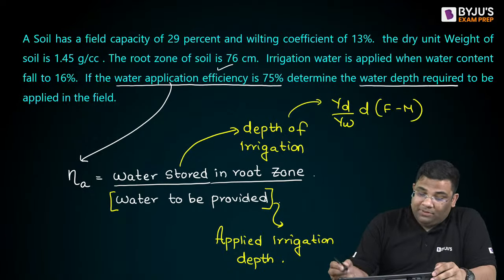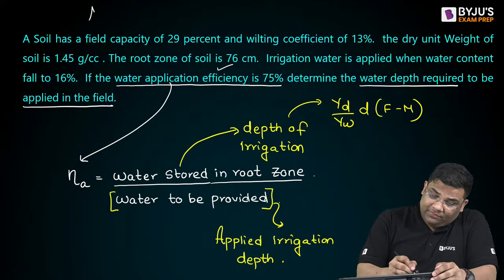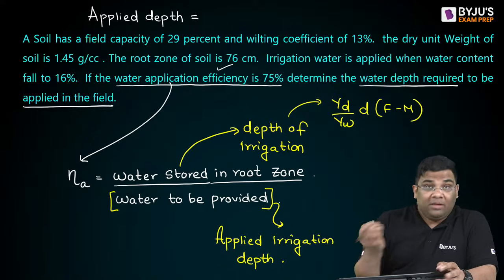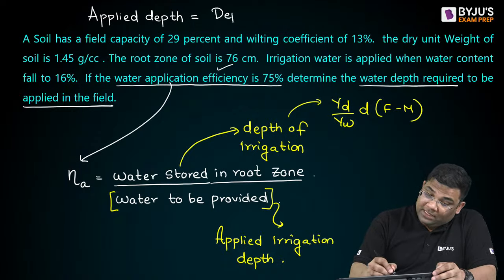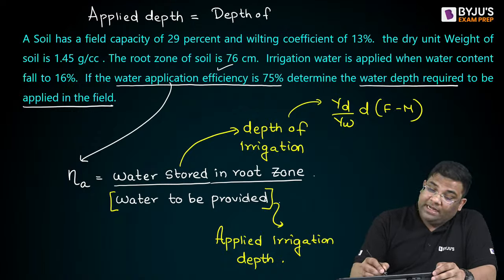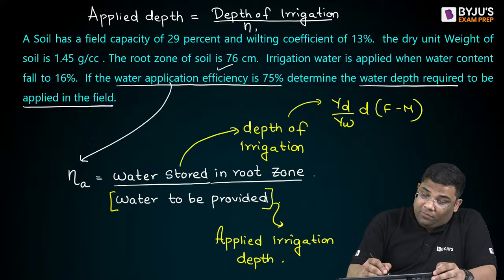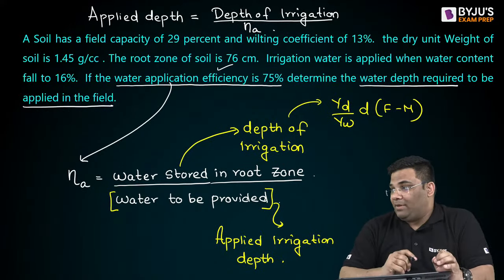Now if they give you this water application efficiency, and they ask you the water depth required to be applied in the field, then from this formula the applied depth will be equal to the depth of irrigation which you get from the calculation, divided by the water application efficiency, which I will express in decimal.